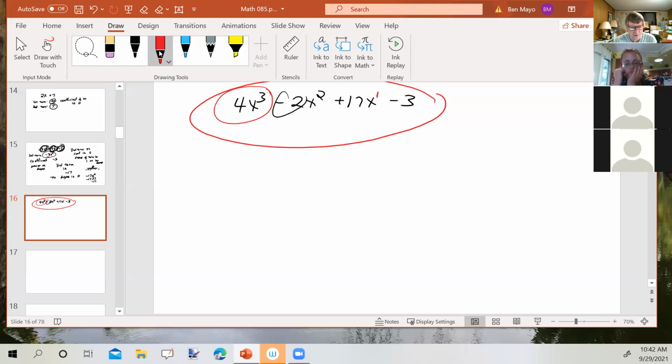The degree of the term is 1, or first degree. The fourth term is negative 3. Basically, its coefficient, if we were to label it, would be negative 3. The degree of the term is 0. The degree of the entire polynomial is 3, a third degree polynomial. Any questions about this particular example?